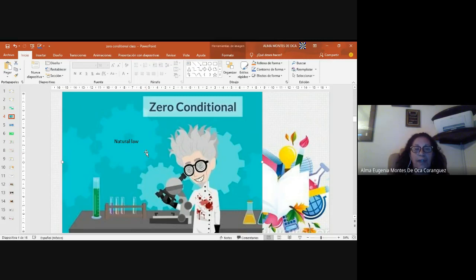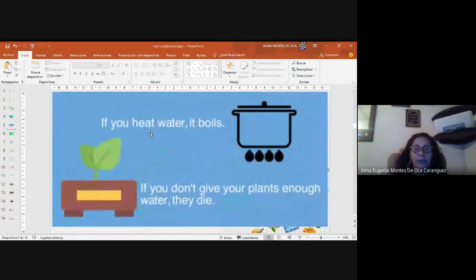Zero conditional: natural law, cause and consequence, always happens the same. Example: if you heat water, it boils. The condition is you heat water and the result is it boils. If you don't give your plants enough water, they die. The condition is you don't give your plants enough water, the result is they die.